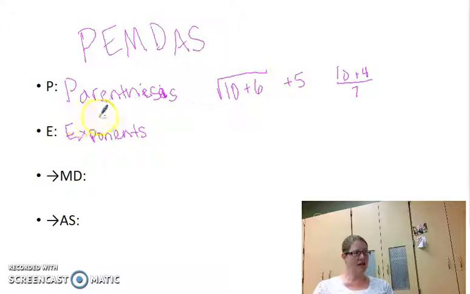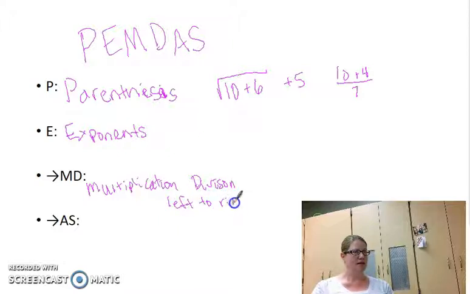So once all the exponents have been evaluated, I'm looking for any instances of multiplication and division, and I'm just going to work through the problem from left to right and evaluate all those in that order. So I'm going to write here that M is for multiplication, and that D is for division. And again, that arrow just means we're going to work from left to right in the problem. And we'll do some examples in a moment.